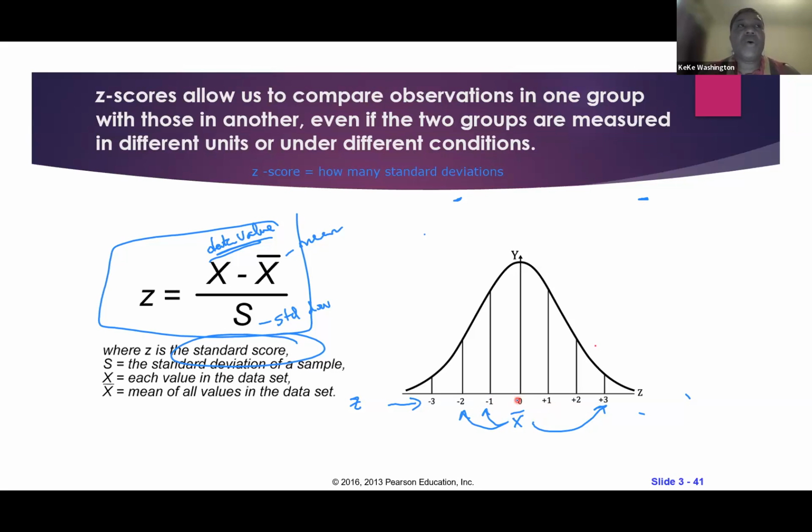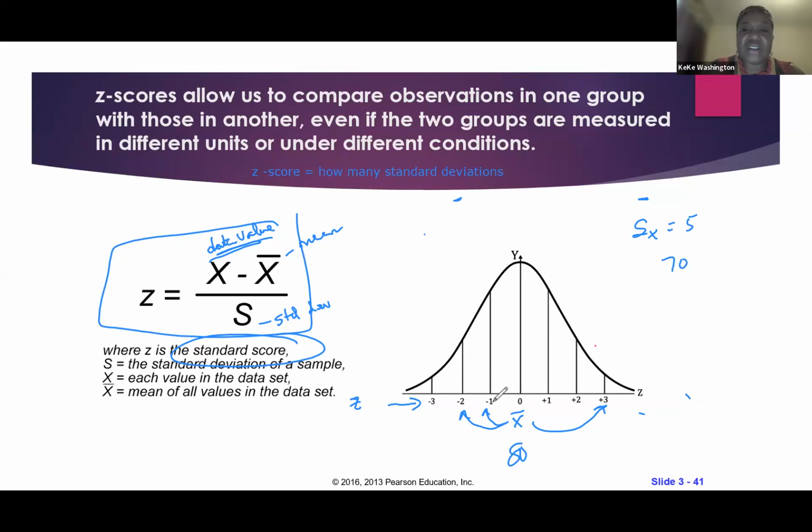So for example, if the average score on the test was an 80%, and if I tell you that the standard deviation is 5, and let's say you scored a 70, well, I automatically know if the average is 80 and you score a 70, then you're below the average, below the mean. Therefore, you should have a negative z-score.